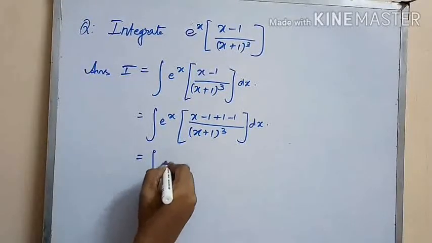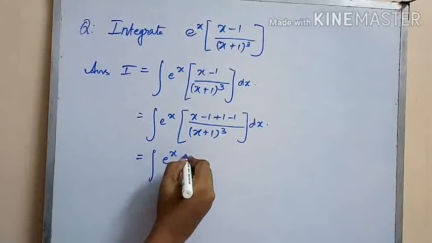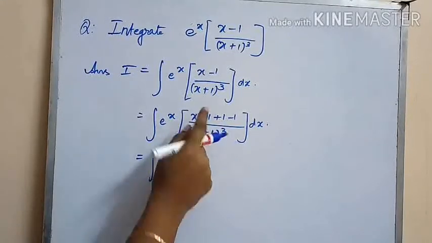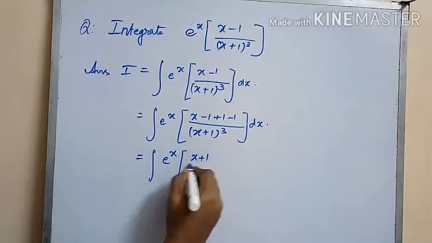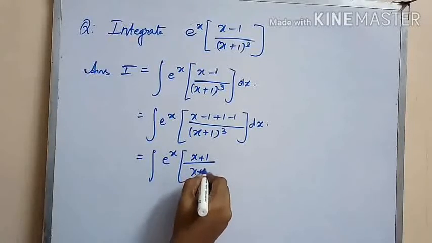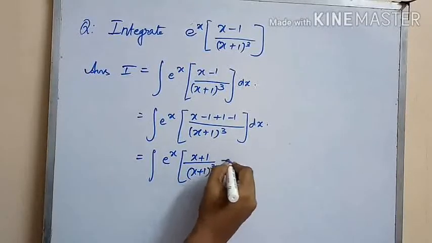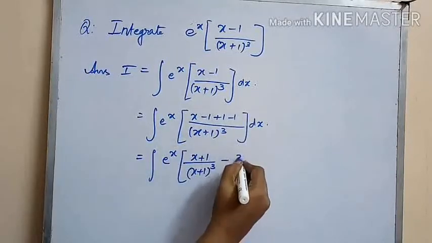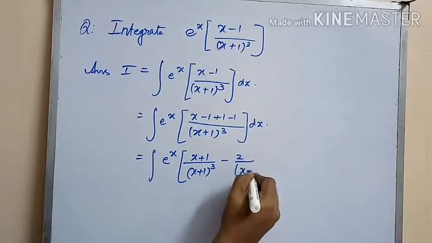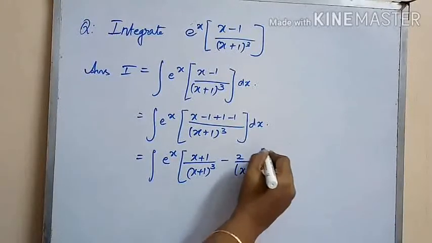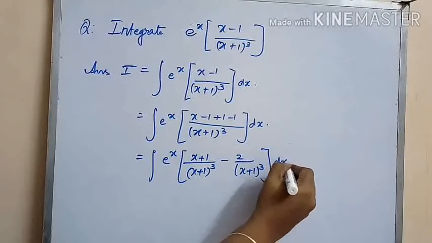In the next step, we'll get e to the power of x into x plus 1 by x plus 1 the whole cube. Minus 1 and minus 1 will add up to give minus 2 by x plus 1 the whole cube into dx.